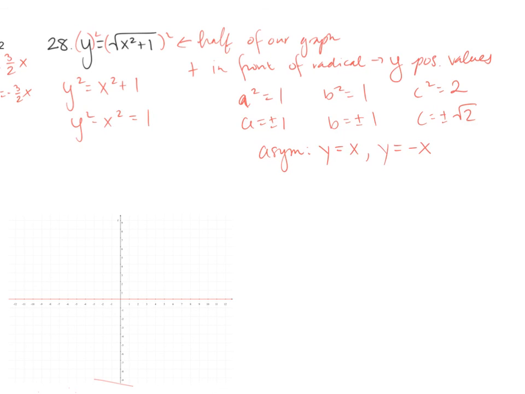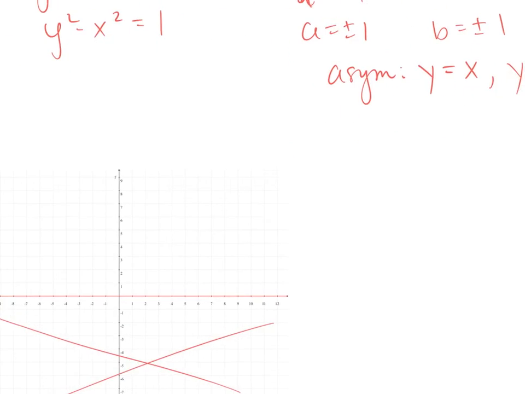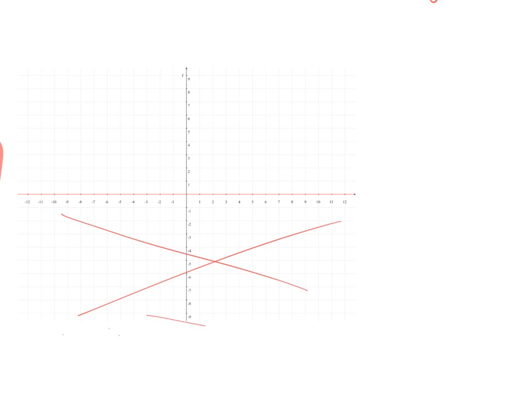And we only want all positive values of y, so we're not going to graph anything below the x-axis. So when we graph this, I'm going to zoom in a little bit so you can see it better. We have our y-intercept 1, 0, and we don't plot negative 1, 0 because it wouldn't fit inside the radical's domain, okay? And then we need to graph our asymptote, which is just y equals x.